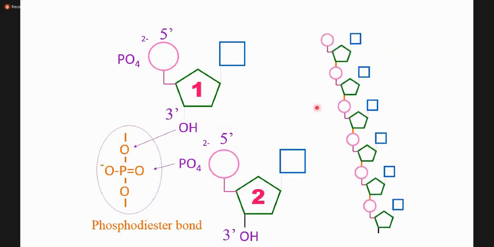In this way, the nucleotides are bound with the help of phosphodiester linkages, and the backbone is formed by the phosphate and ribose, whereas the nitrogenous bases are stacked in the center of the DNA. So the backbone of the DNA is made up of phosphate, ribose sugar, phosphate, ribose sugar, and the phosphodiester linkages bind the backbone, running from the 5' to 3' position.